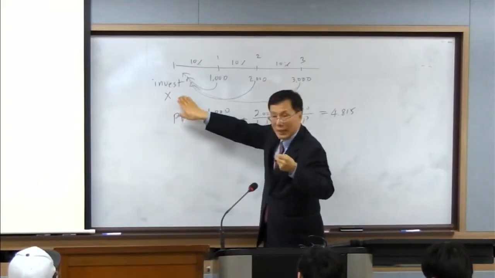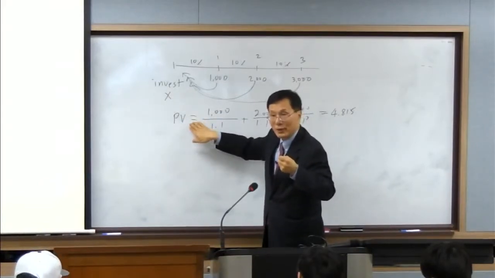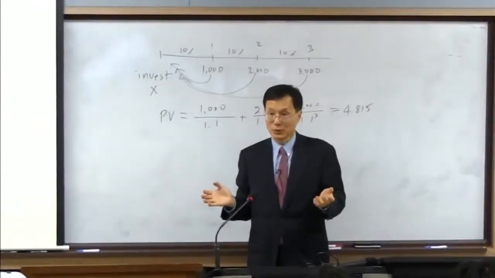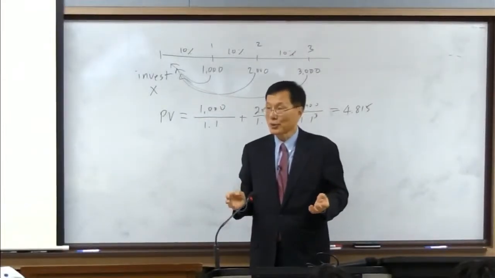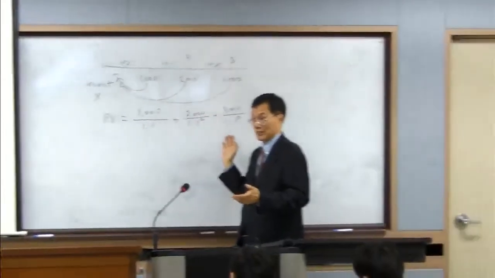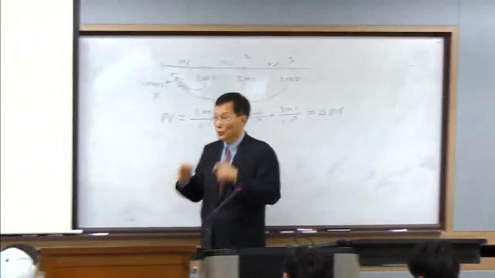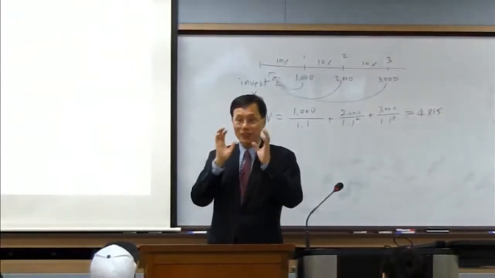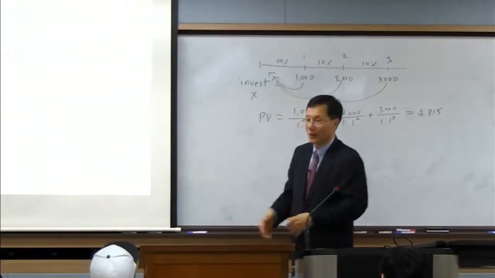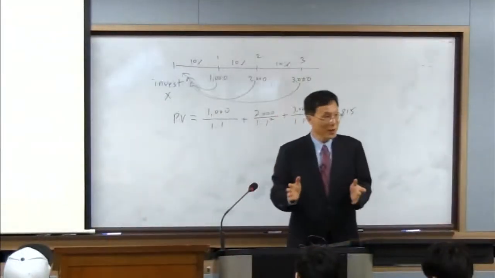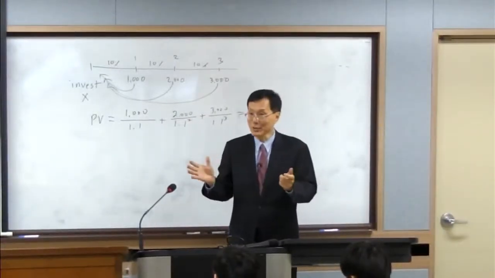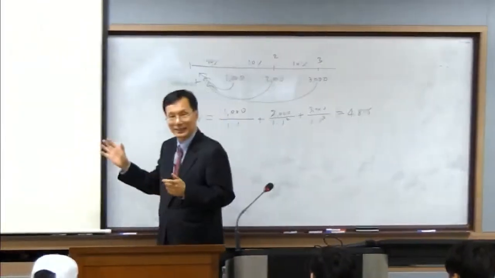If X is greater than this number, then you will not give up. You don't want to invest, because by investing, you get less. If X is smaller than present value, then you should invest. By investing X, you get more than what it is worth. Okay? Are you with me?